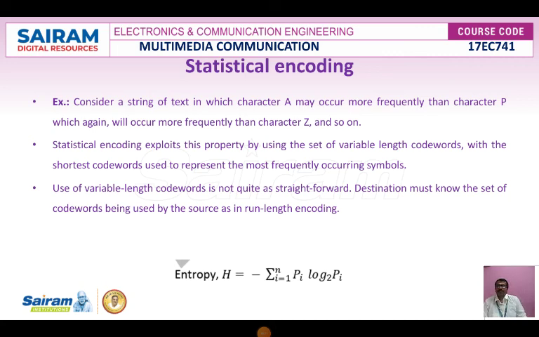The average number of bits per code word can be represented as the summation, i = 1 to n, of ni times pi. This is the formula: Σ ni pi. So the statistical method and the run length encoding method come under entropy coding. Thank you.